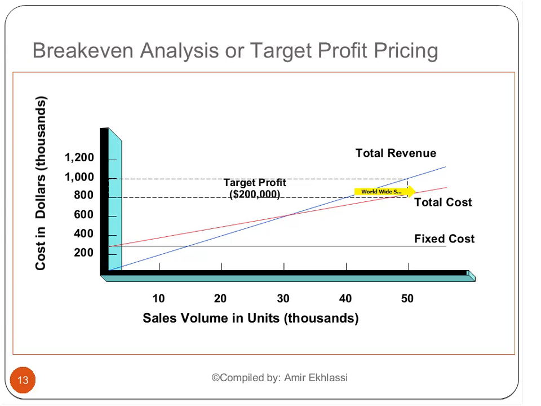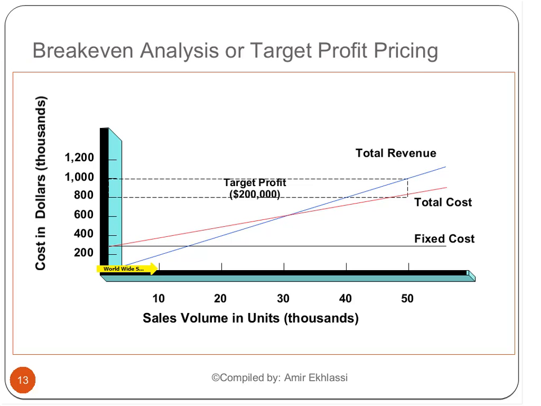For example, if you are producing a smartphone, if you sell 10 smartphones, in the first 10 smartphones, the cost of production is higher than your income.